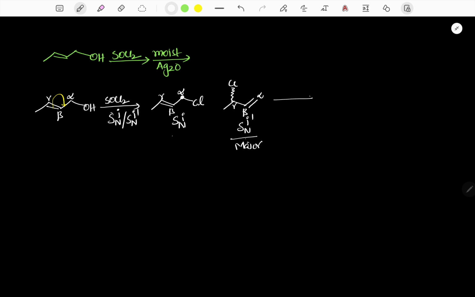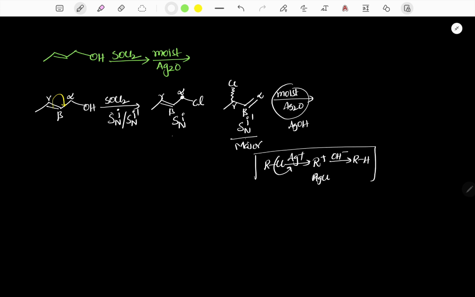Now these two compounds are treated with moist Ag2O. So moist Ag2O means AgOH. In the general reaction, alkyl chloride treated with Ag plus forms R plus by losing the Cl in the form of AgCl, and it will react with the nucleophile OH minus and form alcohol.